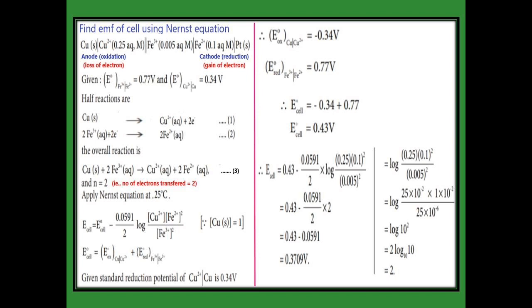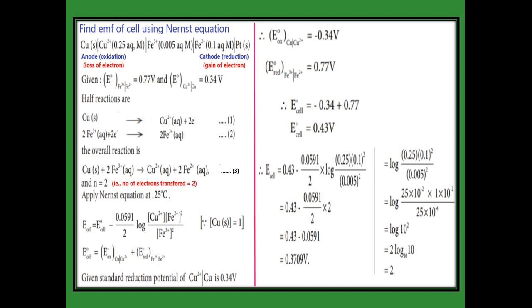Afterward, we are going to find E naught cell. How can you find it? By adding the cathode reduction potential and the anode oxidation potential. At the anode we have copper, but the value given for copper is a reduction potential, so we have to change the sign to get the oxidation potential. Just take 0.34 volt and put the minus sign.